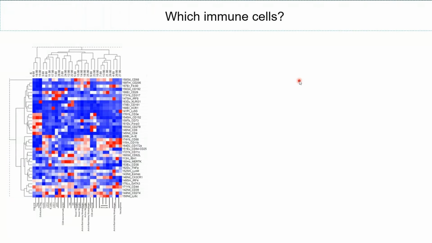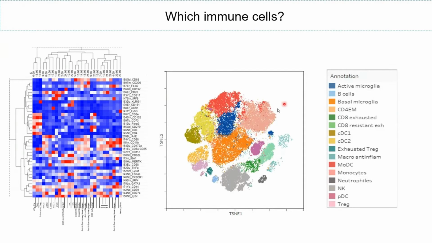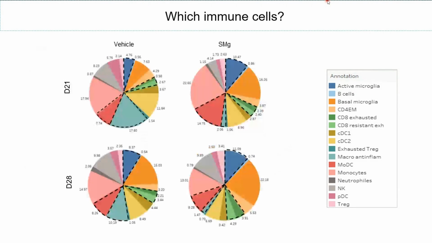And so we used mass cytometry to phenotype the different immune populations. And we used this hierarchical clustering, which subdivided the immune cells into 16 populations. And here are the results.